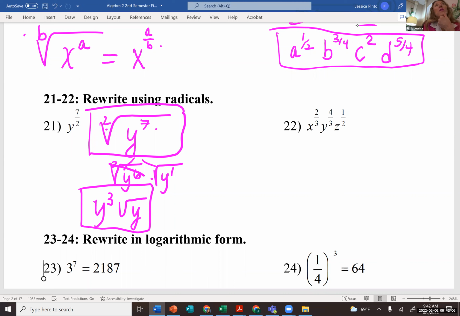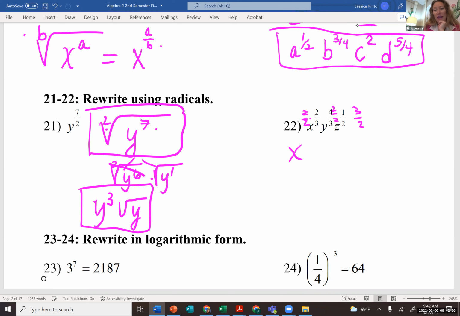So in 22, we want to write that in a single radical, but we can't do that as it is now. We've got 3, 3, and 2 as the denominators. So let's get a common denominator of 6 for each of those. So I'm going to times by 2 over 2, 2 over 2, and this one 3 over 2.